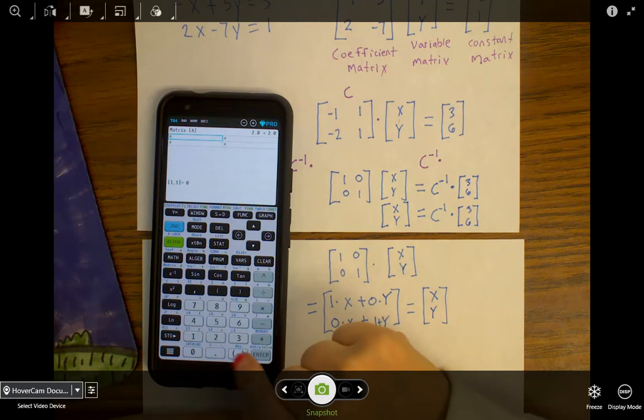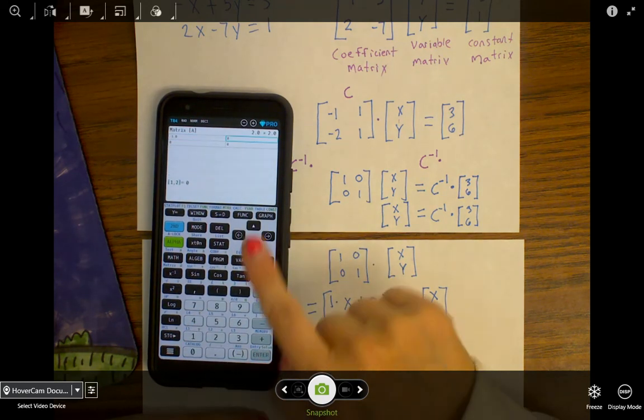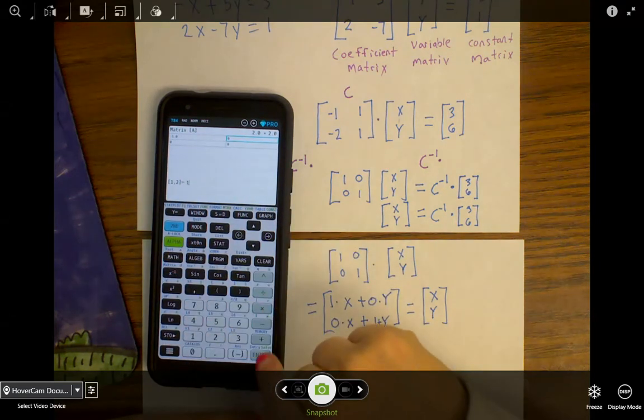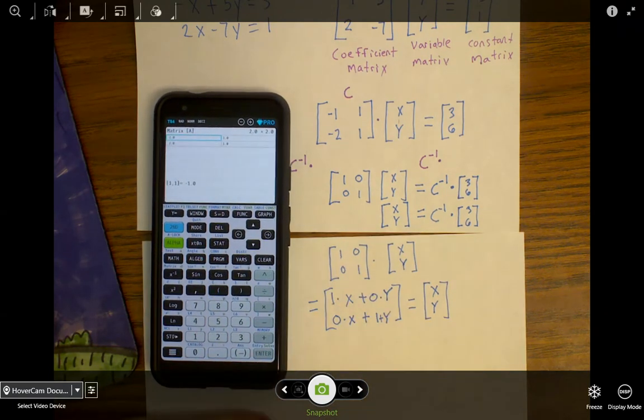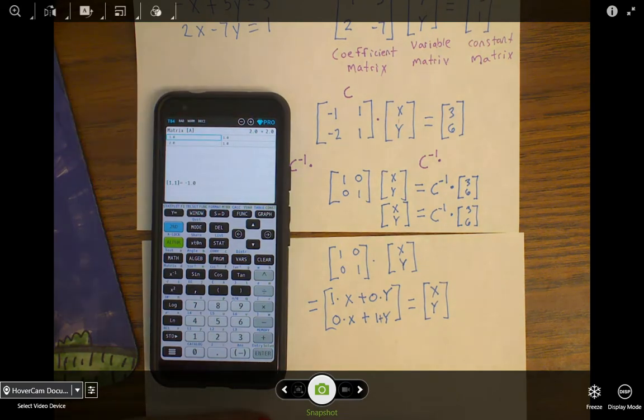So we're wanting -1, and then I'm going to click enter. Going across, I then want 1. Going down now, I have -2 and 1. So now I have my matrix A, and that's what I'm wanting to use in order to calculate some stuff, okay?